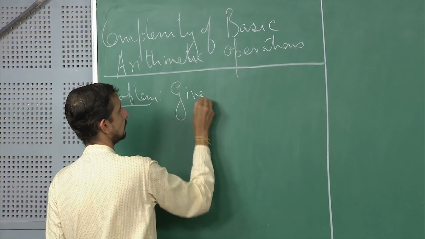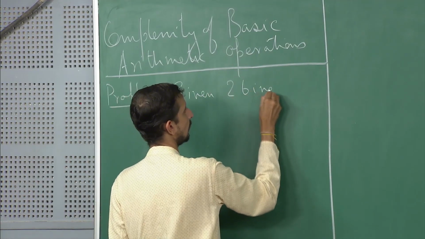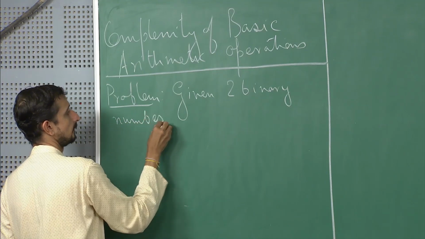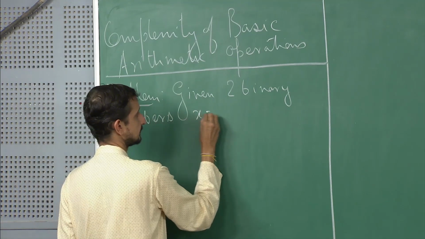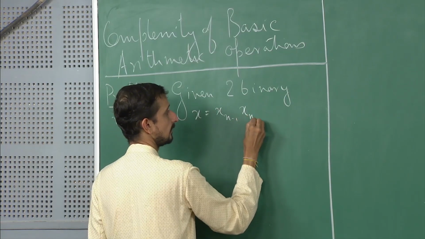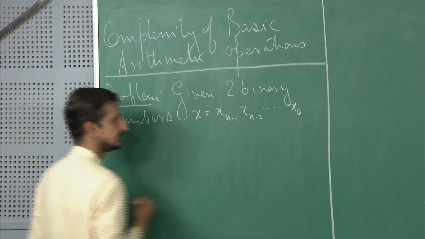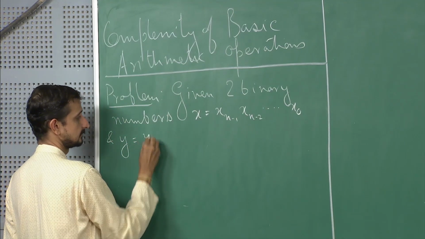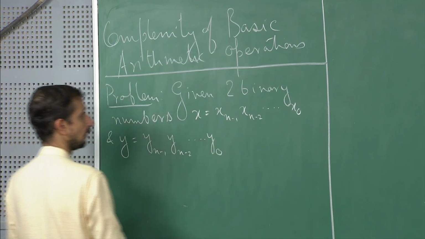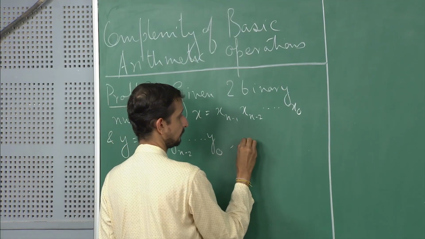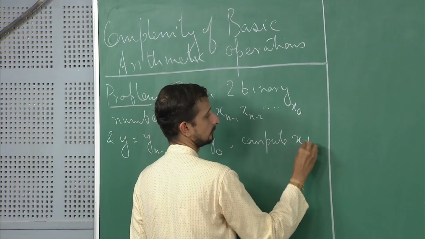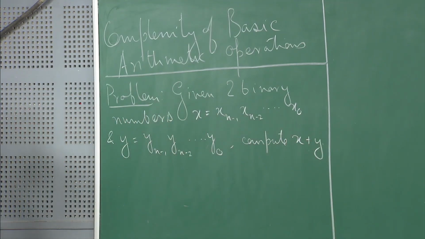Given two binary numbers, x, which we will assume consists of the bits x_{n-1}, x_{n-2} up to x_0, and y, which is similarly y_{n-1}, y_{n-2} up to y_0, we want to compute x plus y.